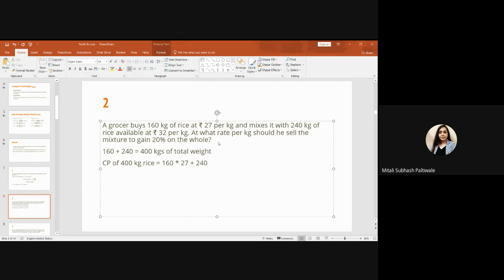So 240 into 32 gives 12,000 rupees. So the cost price of 400 kgs would be 12,000 rupees. So CP is equal to rupees 12,000.